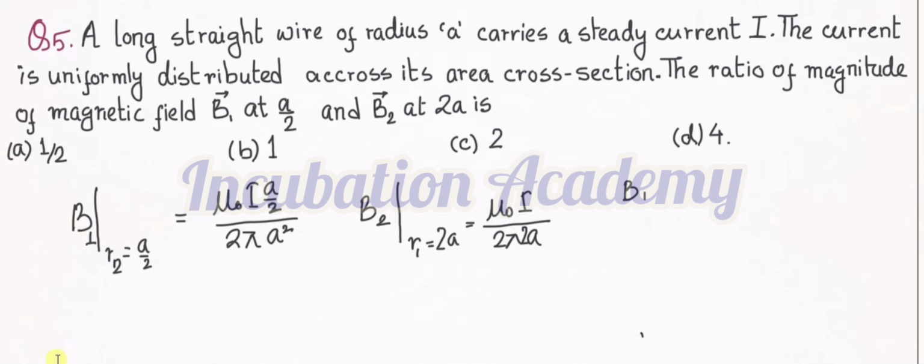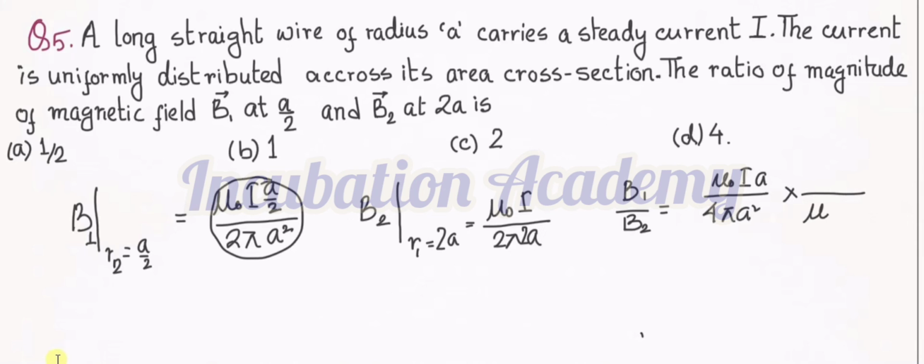Okay, so if I just take the ratio of these two, that is b1 divided by b2. b1 is mu naught I a over 4 pi a square, and b2 is mu naught into I over 4 pi multiplied by a.